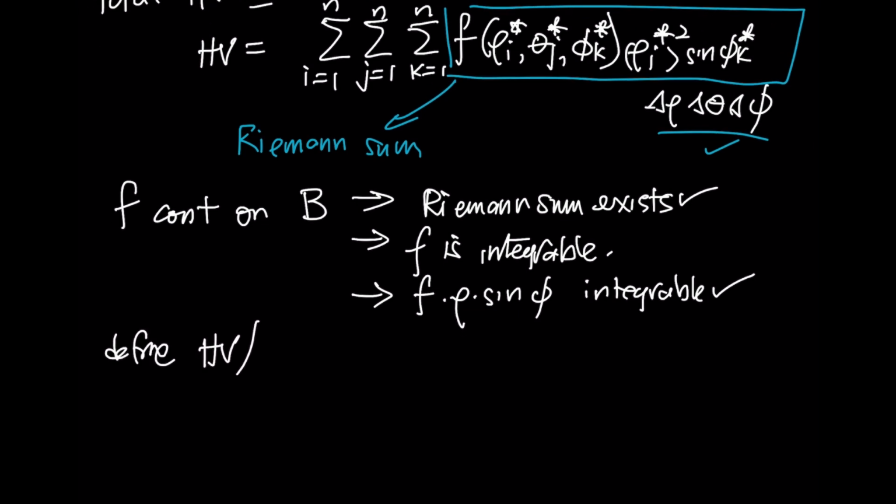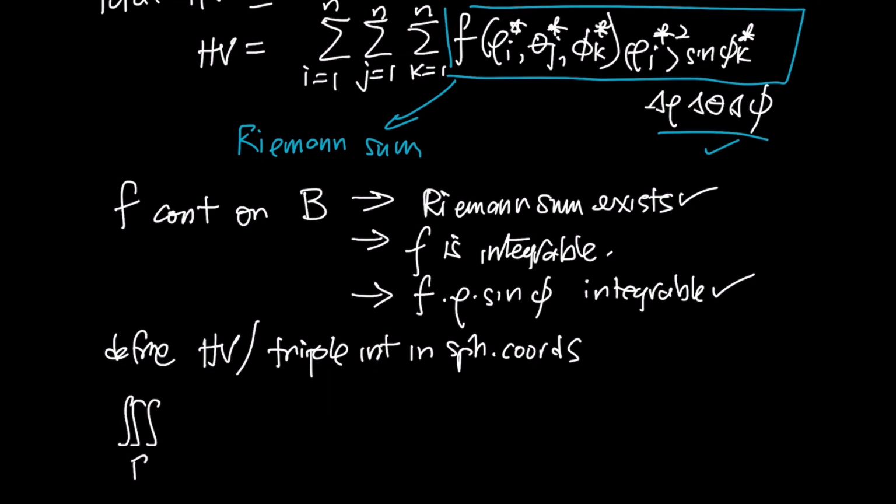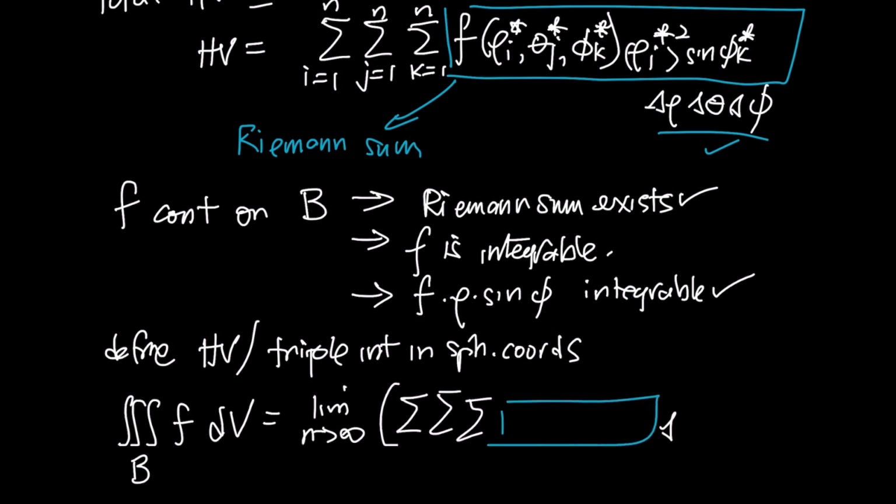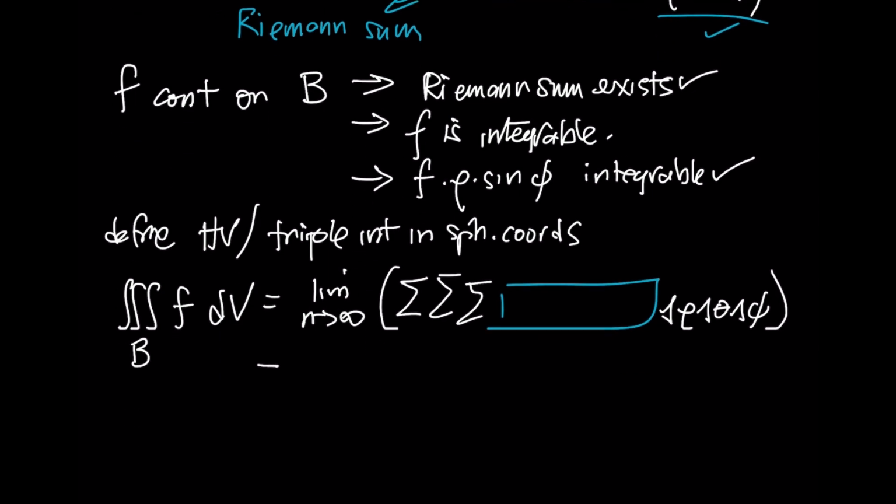And that means we can define the hypervolume as essentially this triple integral in spherical coordinates over that spherical box, which will now end up being the limit as n goes to infinity of this triple sum, this stuff in the blue box, which I'm not going to write down, times a Δρ, Δθ, Δφ.